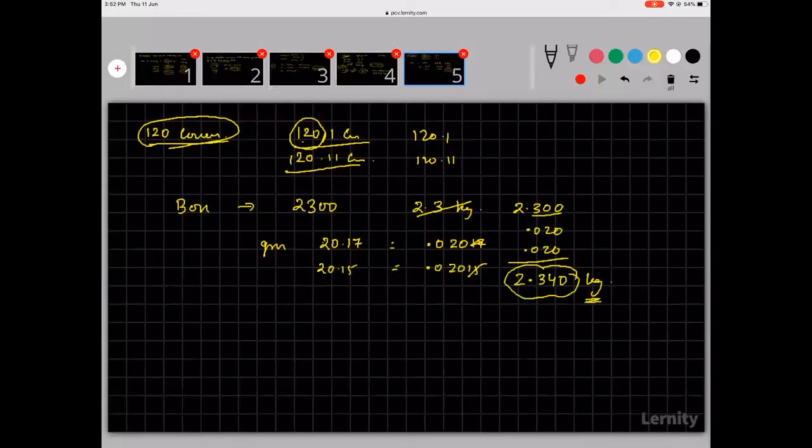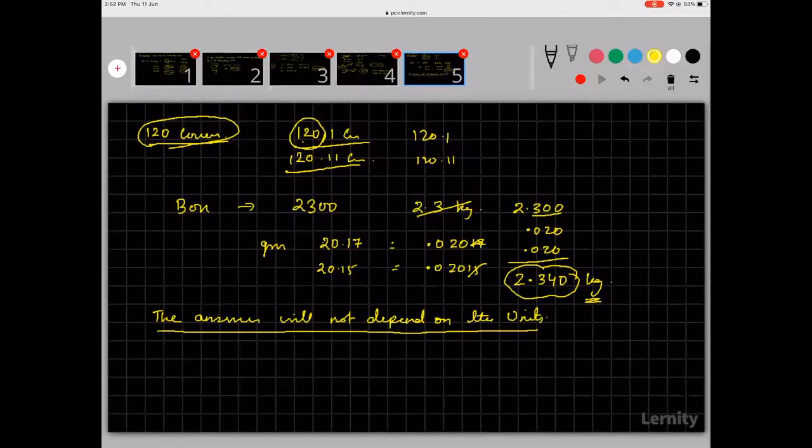The answer will not depend on the units.